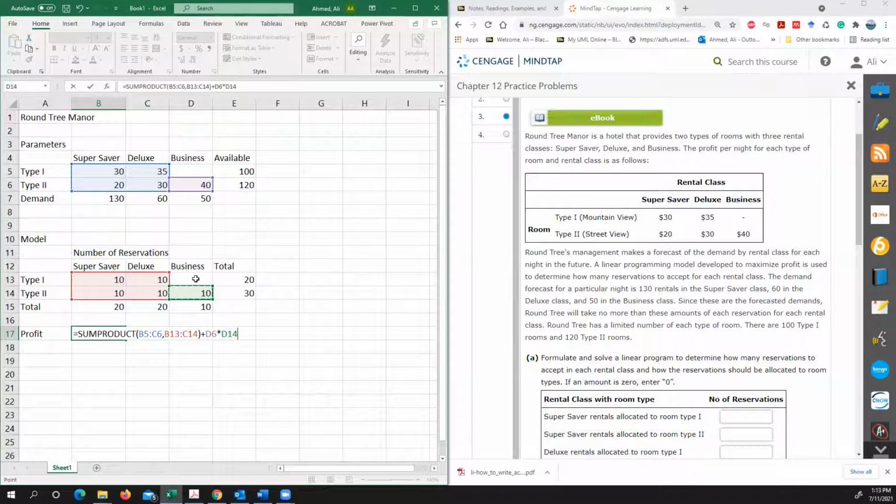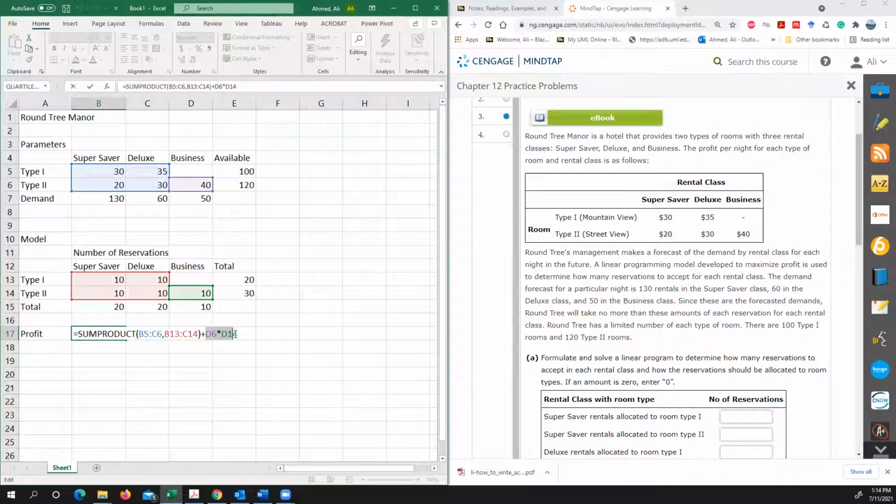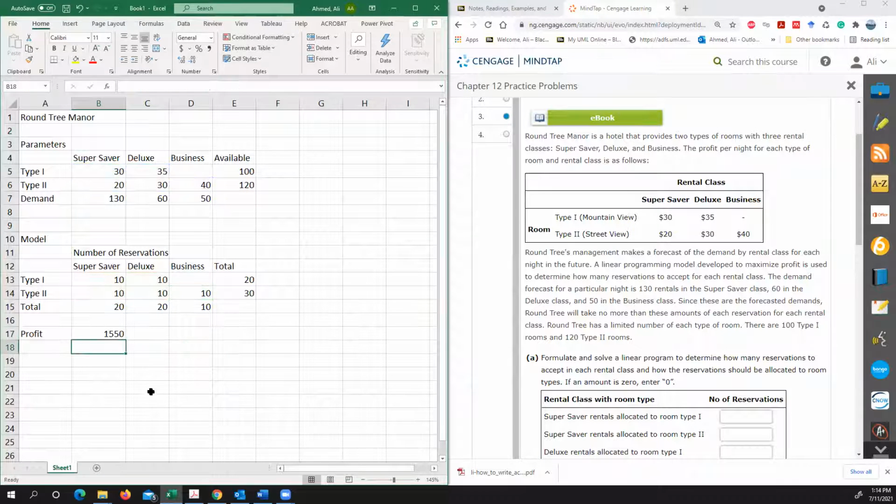If this value weren't missing here and here, I would just select the whole table and multiply with this whole table. So we are saying reservations times the profit. For example, 30 is per night, and 10 is the number of reservations, so it will be $300 profit in one night. This is our formula for profit maximization. We have to be careful in this part.